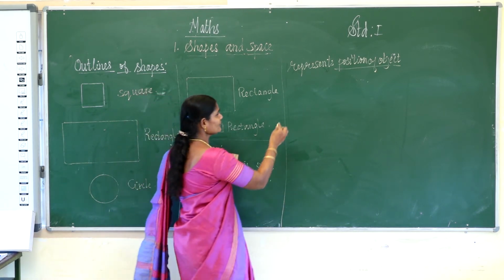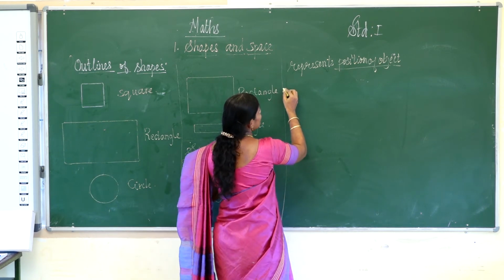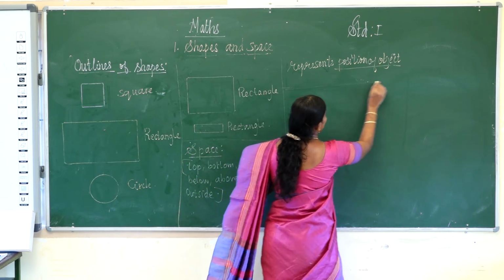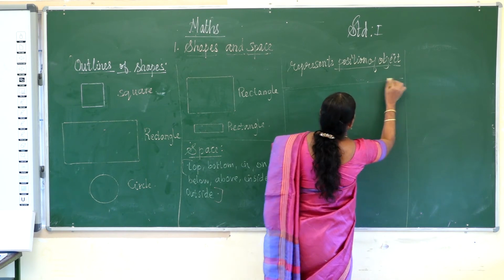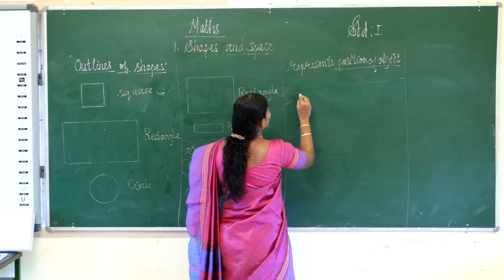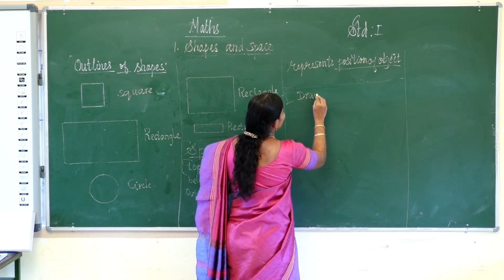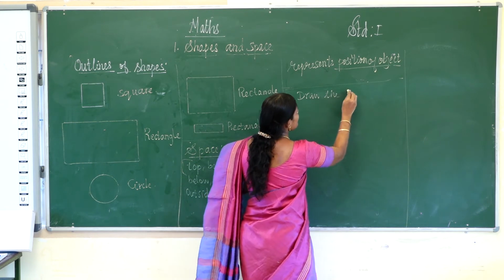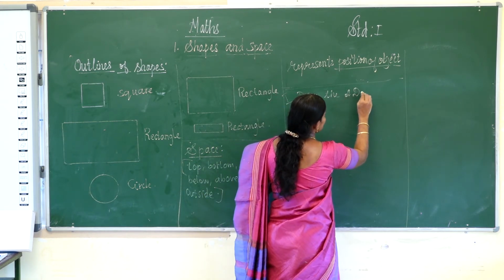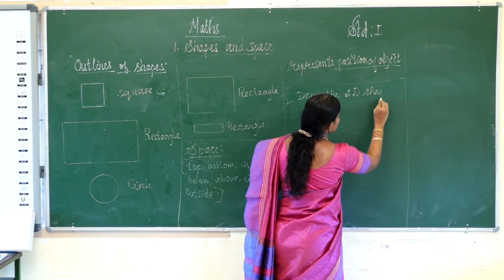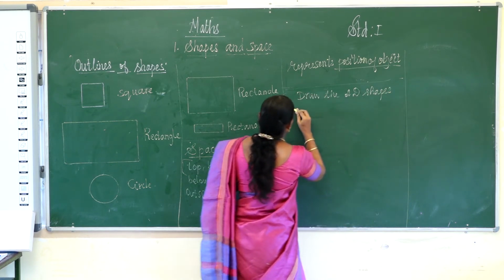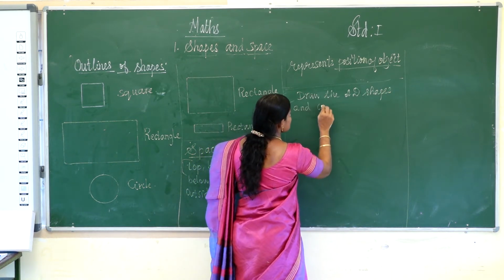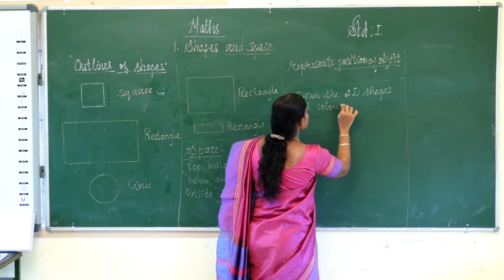Okay, next we see draw the 2D shapes. What are the 2D shapes? And color it.